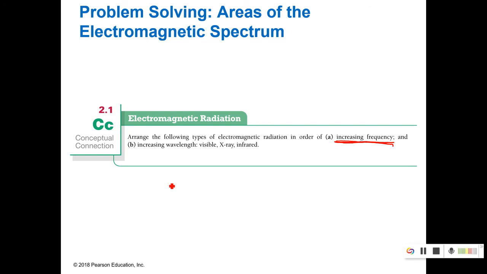So the least harmful of this is infrared, and infrared is less than visible, which is less than X-ray. Okay, so the biggest one is X-ray, and sometimes they look like this with these less than or greater than signs.